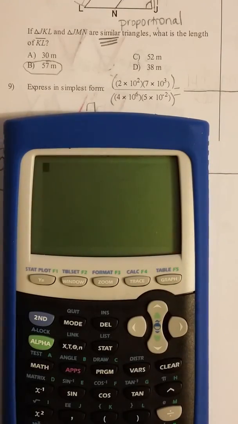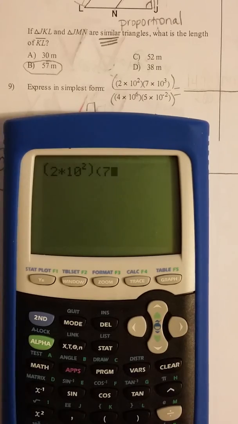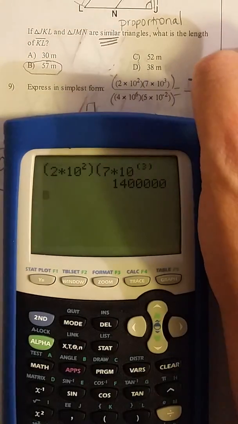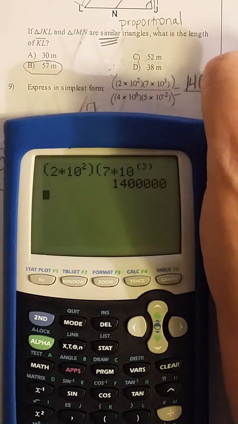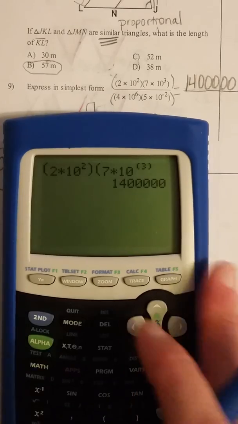In my calculator, I'm going to type open parentheses 2 times 10 raised to the second, and then open parentheses 7 times 10 raised to the third. And I got 14 with 1, 2, 3, 4, 5 zeros after it. I'm going to do the same thing on bottom.